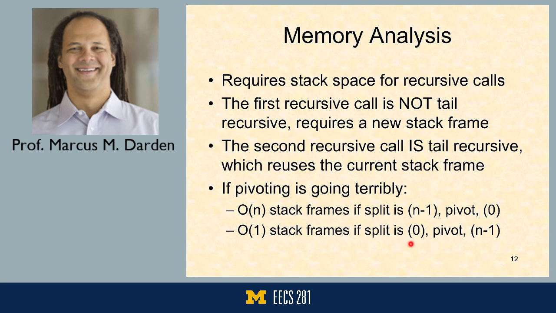That one can save me some memory, but it still isn't going to change the fact that when pivoting is going terribly, the time is big O n squared. So in this case, I can end up with either a linear or constant amount of memory depending on which terrible things are happening. But in either case, I'm more upset about this n squared time.